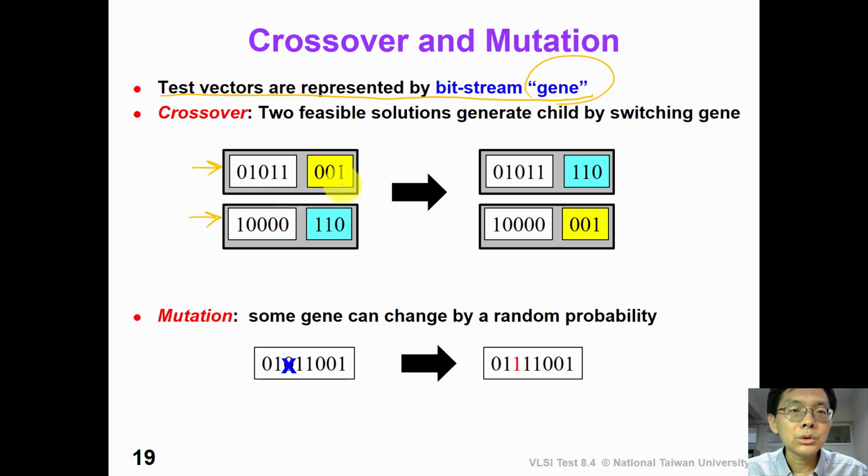If we want to cross over these two test vectors, we can randomly pick a piece of gene and swap them to generate a child population. This is called crossover. For mutation, we can randomly pick a bit and flip the value. This is similar to genetic mutation.